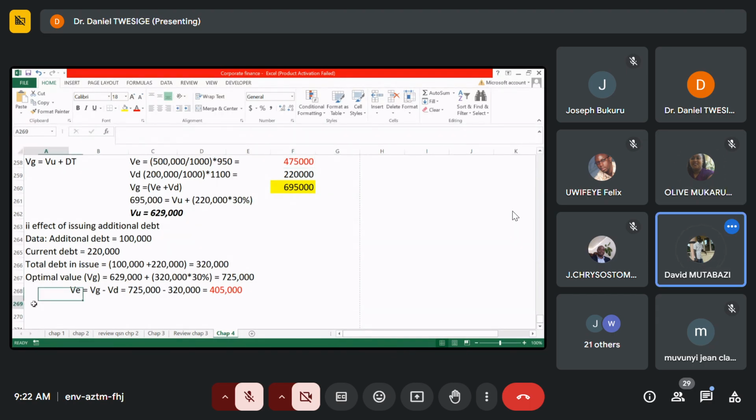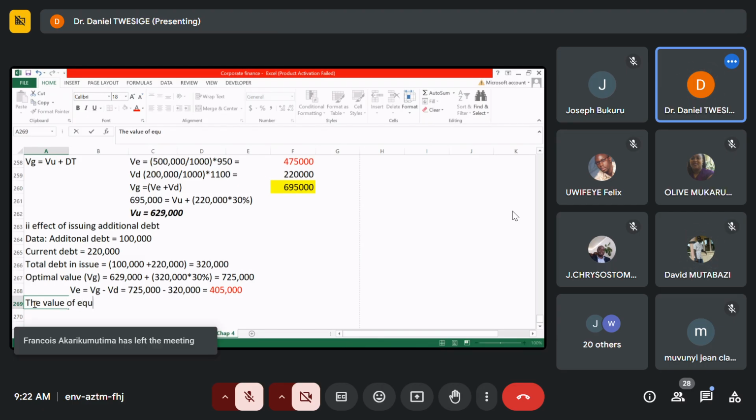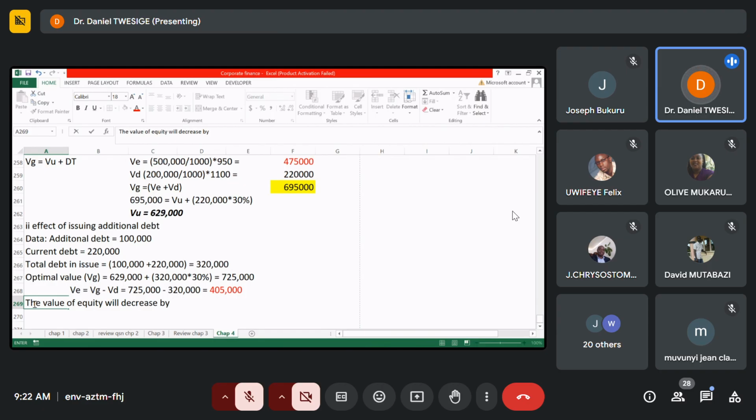Yes. The value of equity will decrease by 70 million. That's the answer for that part.